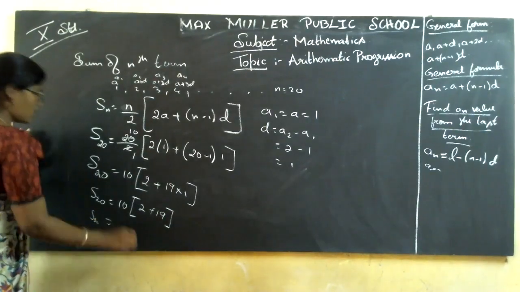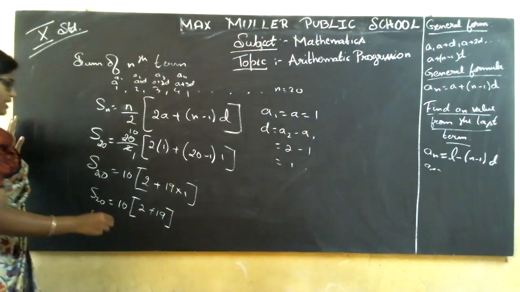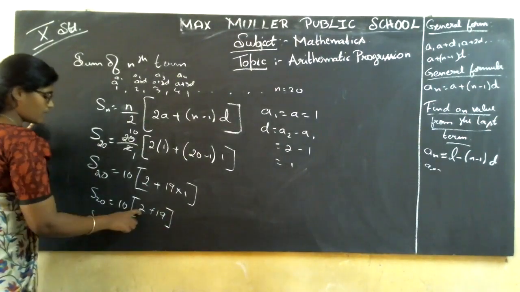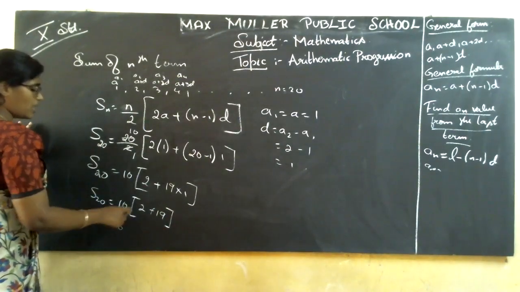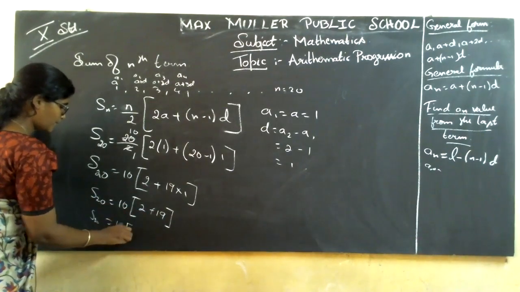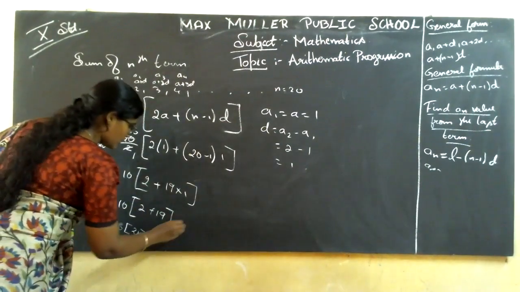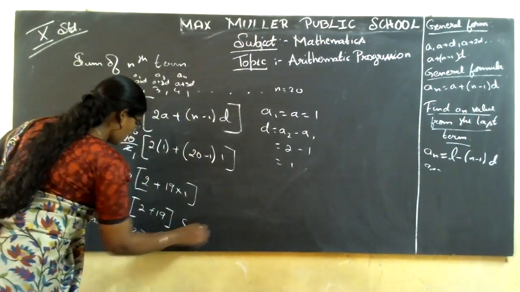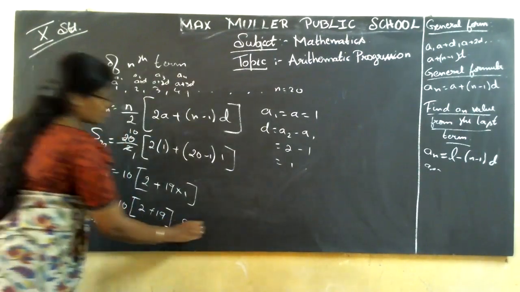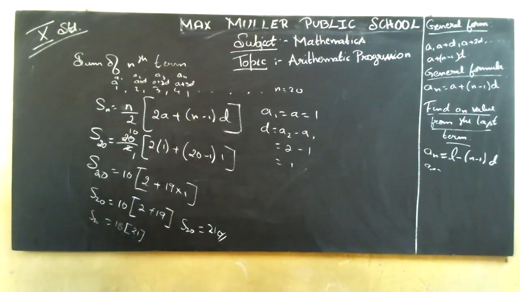As per board rule, we need to take out the bracket first and then do the sum. 2 plus 19 is 21. 10 into 21 is 210. 210 is the sum of the 20 terms for the given AP.